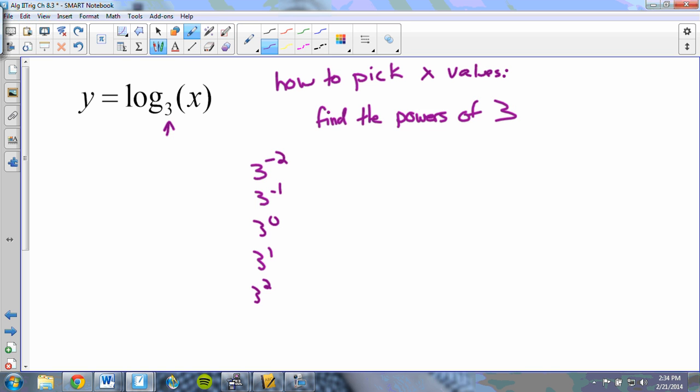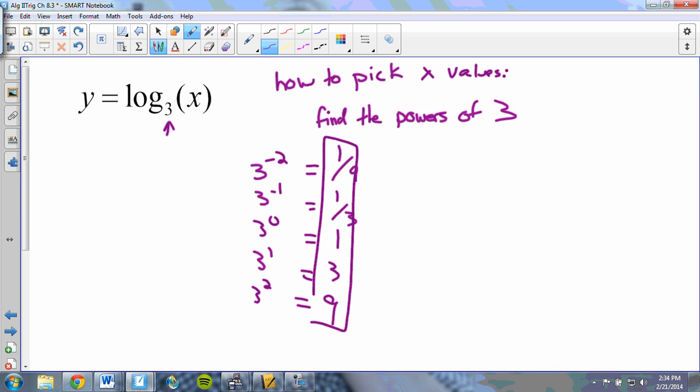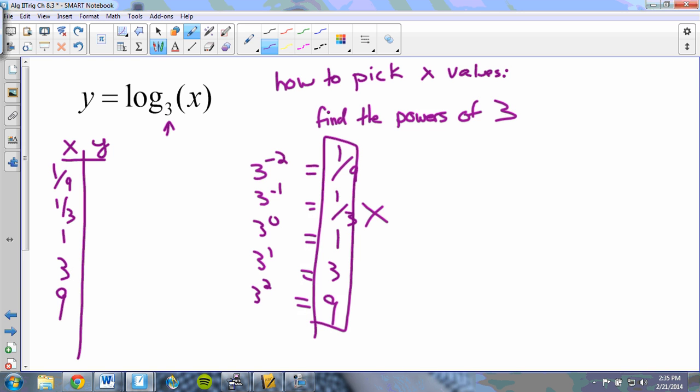If I pick these numbers, I get a ninth, a third, 1, 3, 9. These are the numbers I should plug in for x. Those should be the numbers in my x column, because those are all the powers of 3. And the nice thing is whatever those powers were, that's my y values. This right here is my big long column of y values.